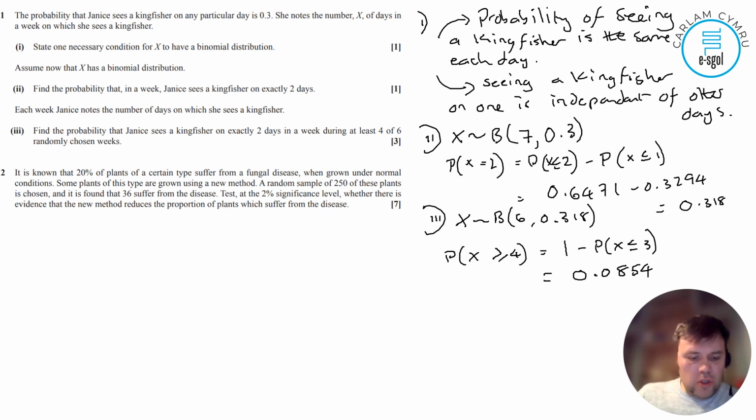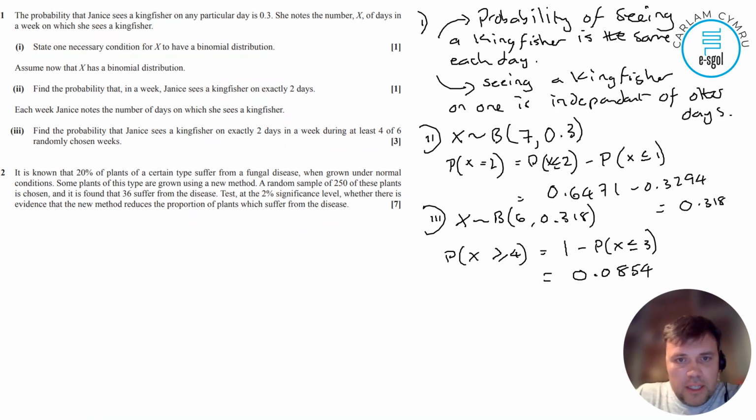So number 2: it is known that 20% of plants of a certain type suffer from a fungal disease when grown under normal conditions. Some plants of this type are grown using a new method.